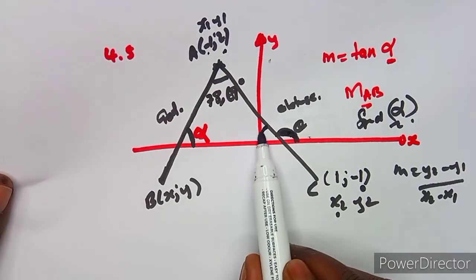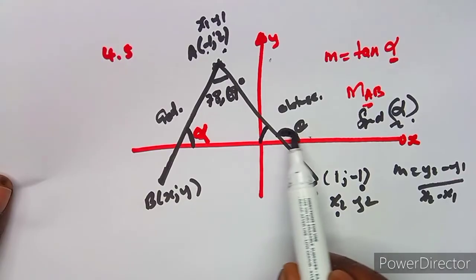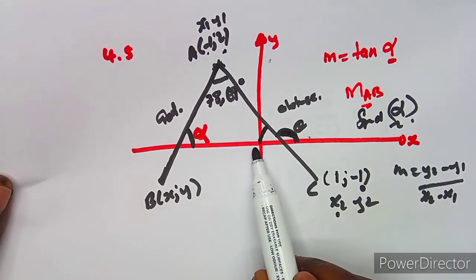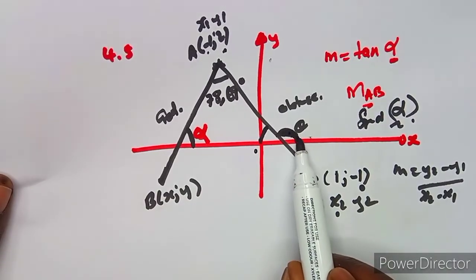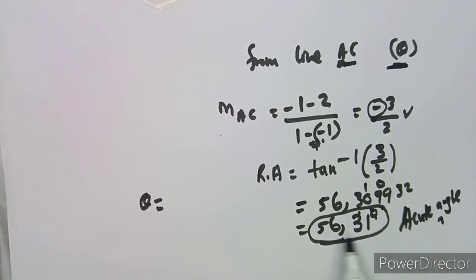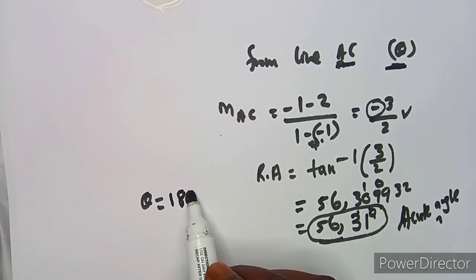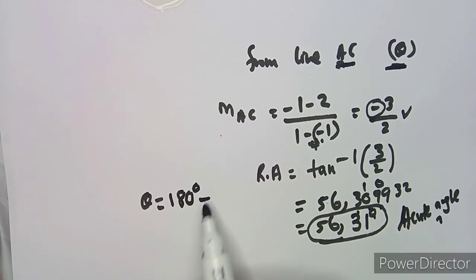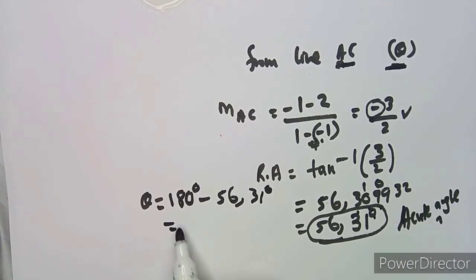So actually you calculated this one, but because it's going to confuse us, let's just write our theta, which is going to be 180, angles on a straight line. So it's 180 degrees minus 56,31, which is going to give us something like 123,69 degrees.